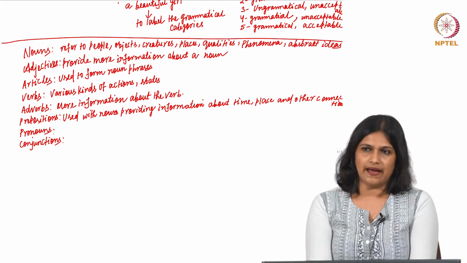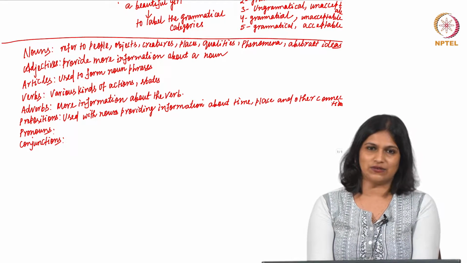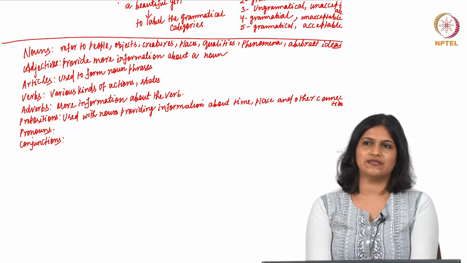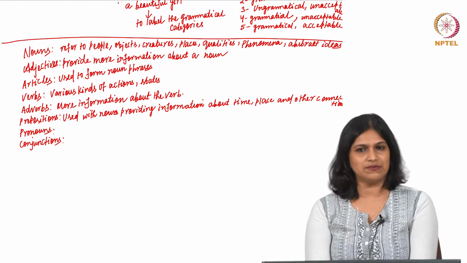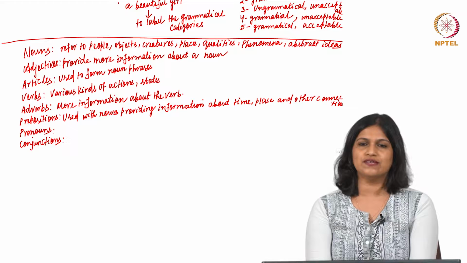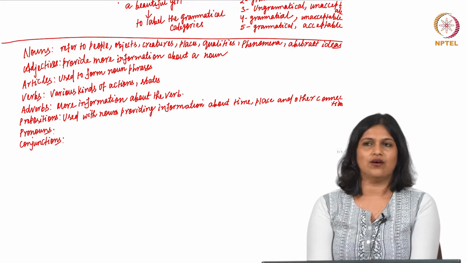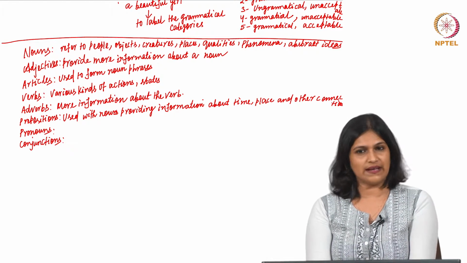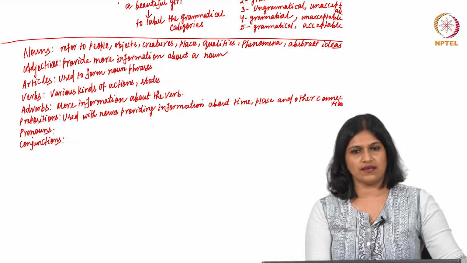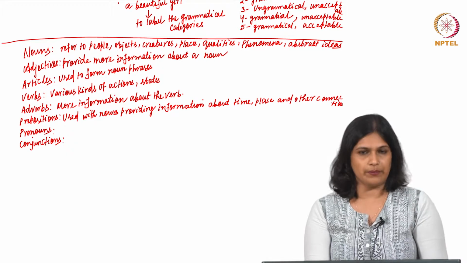So, when you say I am standing behind the house, that could be a preposition which indicates the place, but if you say I will reach after you reach, then it is going to be the information about some time. And when you say I can't do this without you, that is just a connection. So, when you say without or I can do it without a thought, that would be just a connection between the actions and the things. So, this is a way by which you understand prepositions.